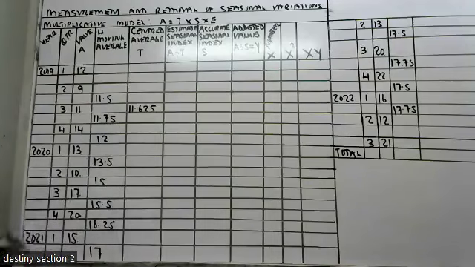Let's go to the next one. Now you take these two again, you add them. So 11.75 plus 12 divided by 2.